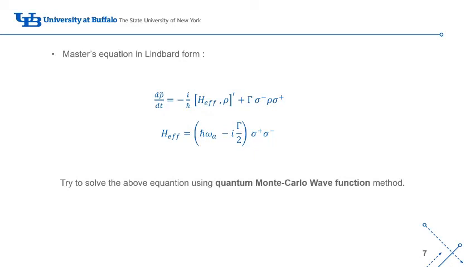That part I haven't yet implemented, and I'm going to do it over a period of time using the quantum Monte Carlo wave function method. So basically what you are seeing here in the first equation, the first term is the anti-commutator term, which accounts for decay of the excited state, while the second term is a feeding term which accounts for the replenishing of the ground state when the atom makes a quantum jump from the excited state into the ground state.